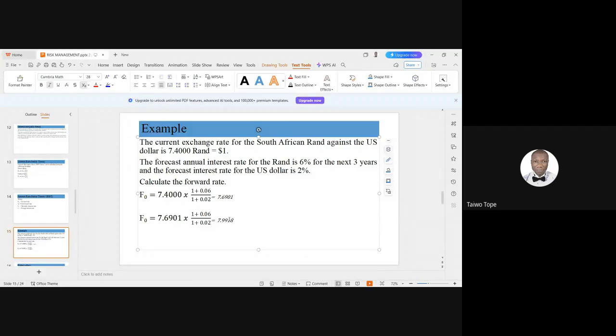You do that also for year 3. Then if you want, you can do the indirect quotes. If you've been following, you shouldn't have an issue with all this, because I want to move to something very, very important.